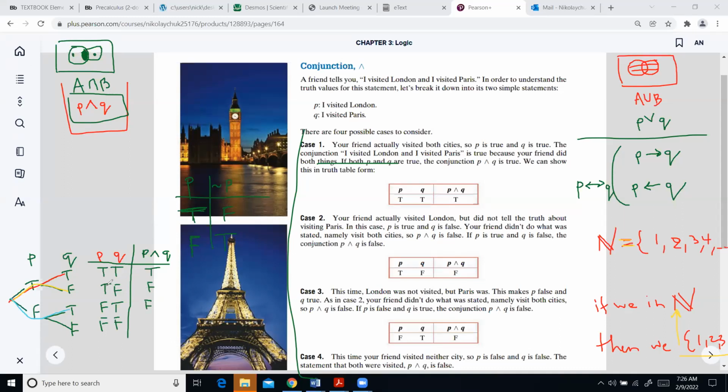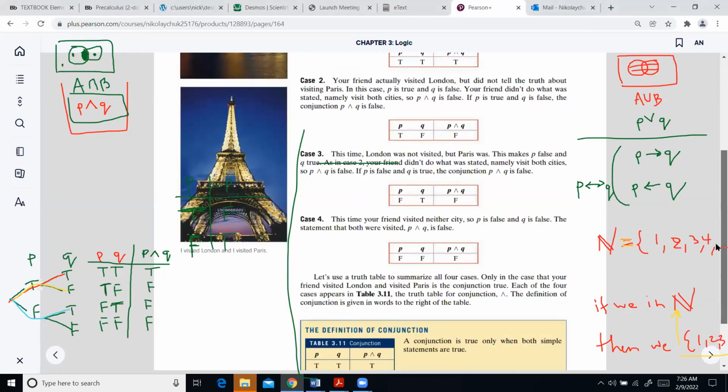Notice that here we had true for one, and there we had true for the other. So we were in one, but not in the other. And of course, the case when you're on the outside. So both are out. Both are false, meaning you're not in either set. It's also false. So that's the definition of conjunction.